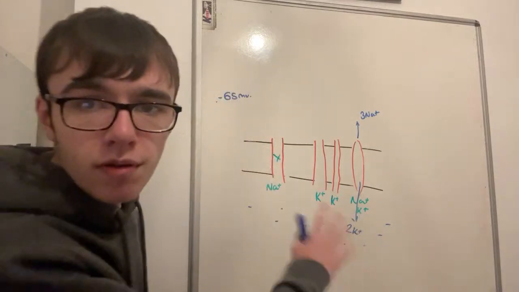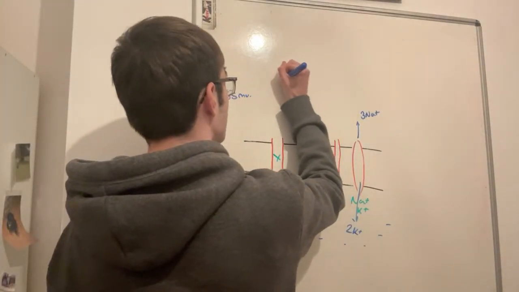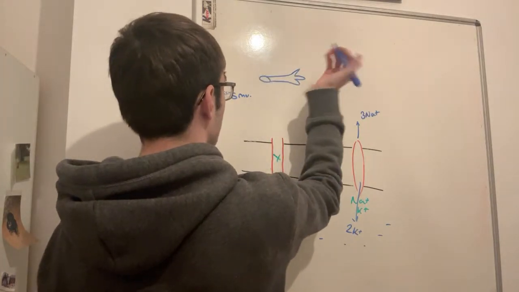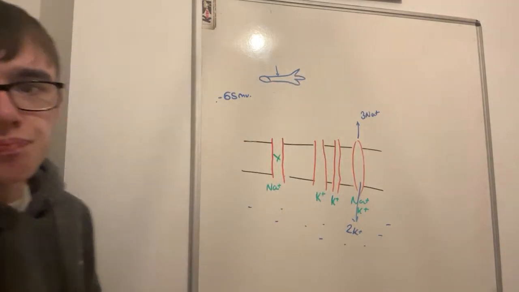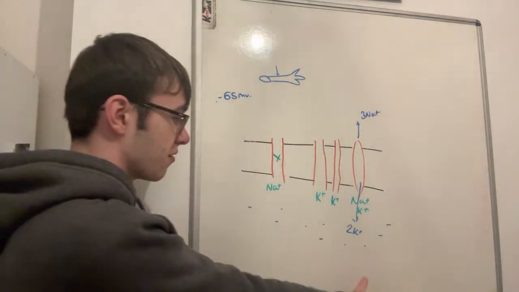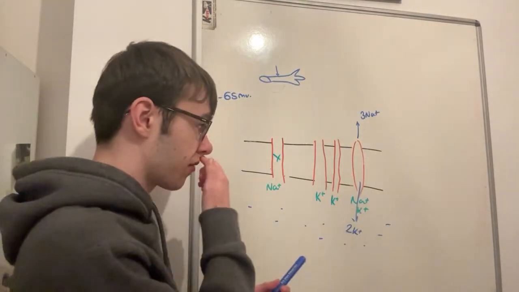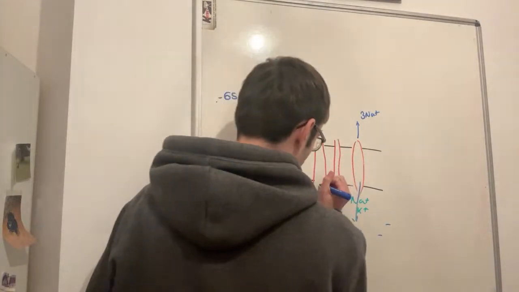Inside this, you have to remember, this is like the cell membrane in the axon, so it would be like here. That's where we are right now. So, negative charge. The sodium-potassium pump maintains this negative charge.